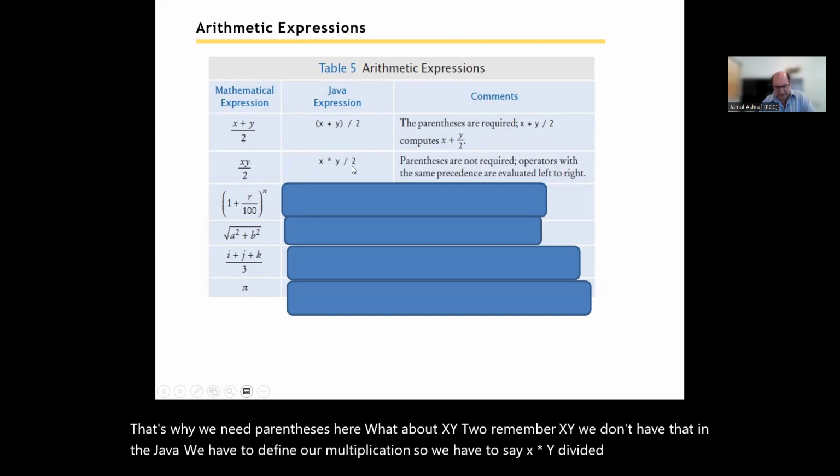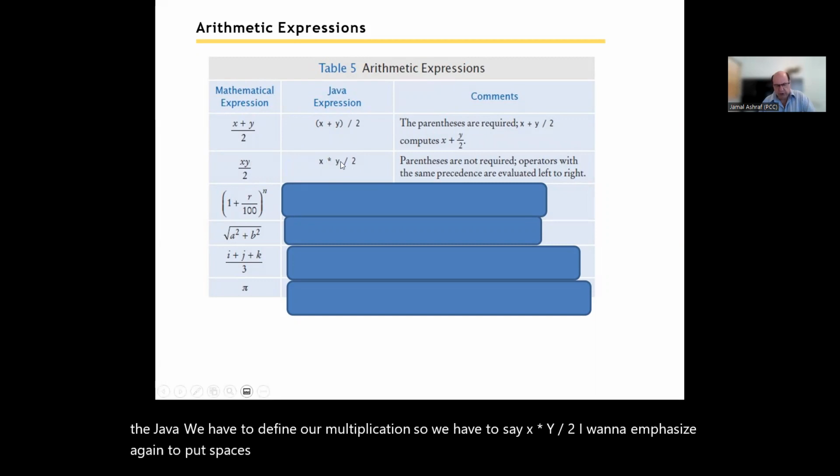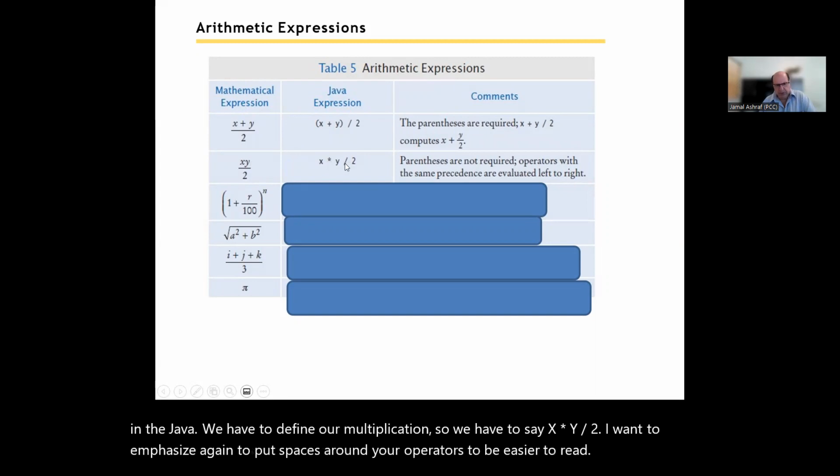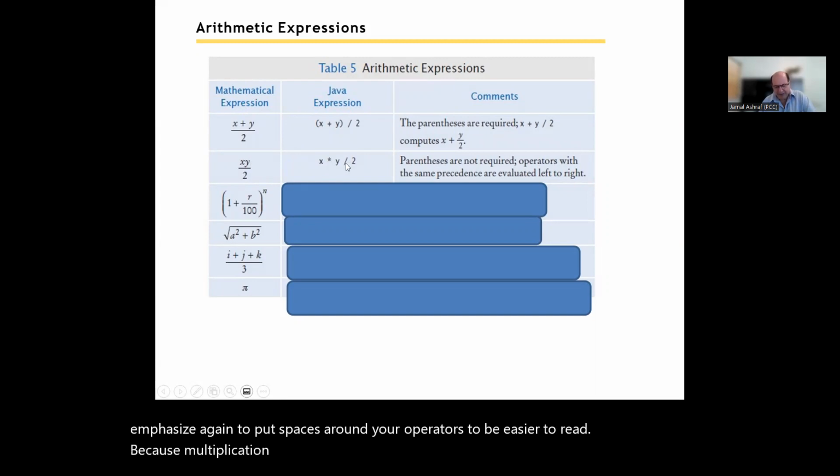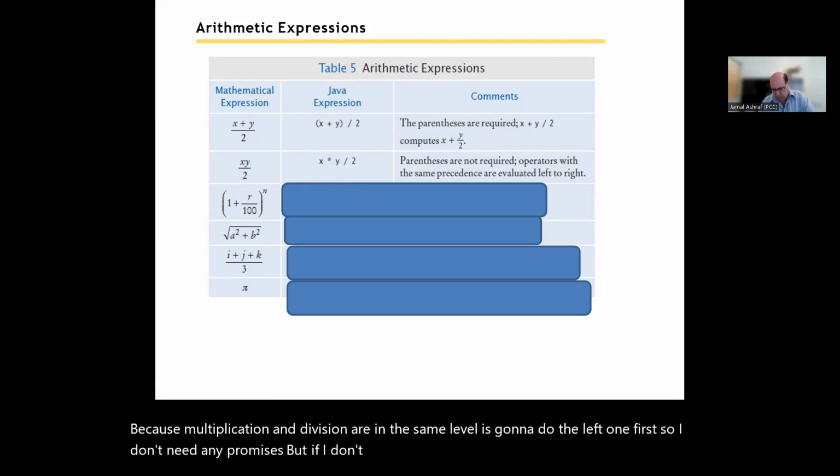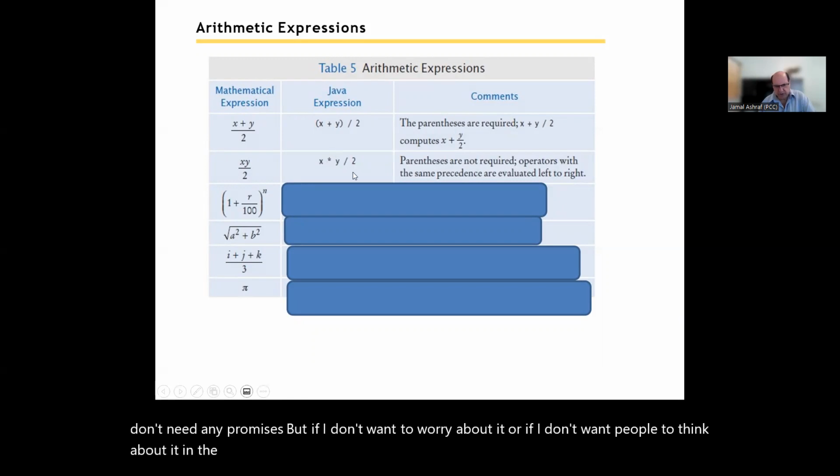I want to emphasize again to put spaces around your operators to be easier to read. Because multiplication and division are on the same level, it's going to do the left one first. So I don't need any parentheses, but if I don't want people to think about it in the future, I can potentially put parentheses around.